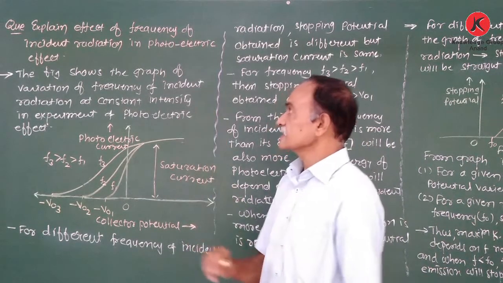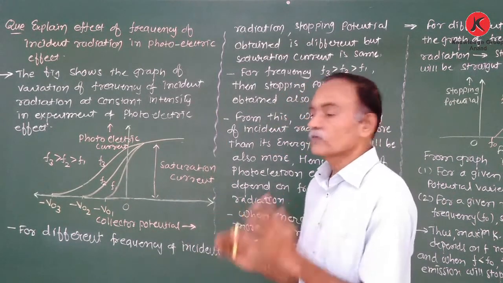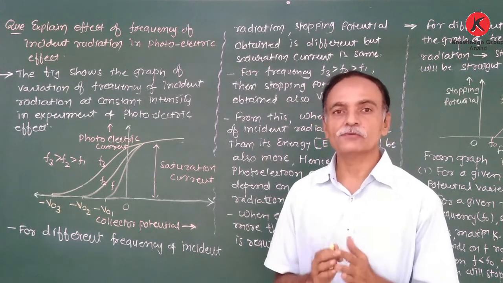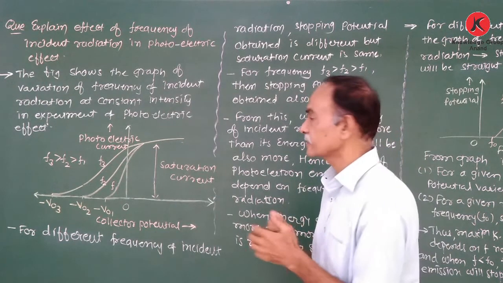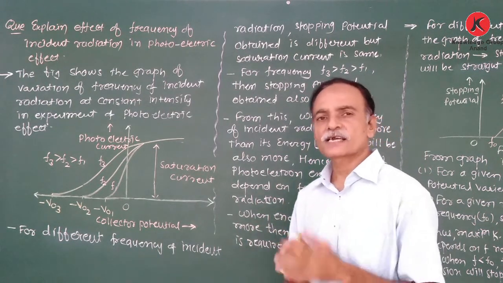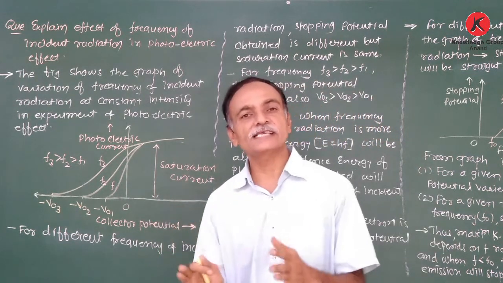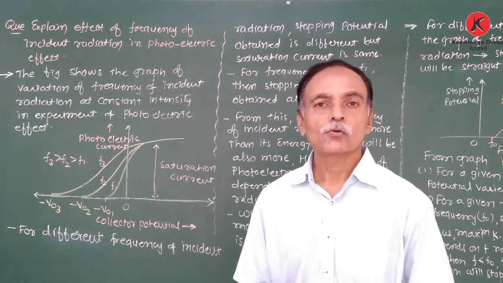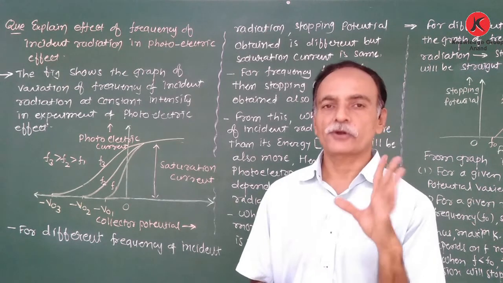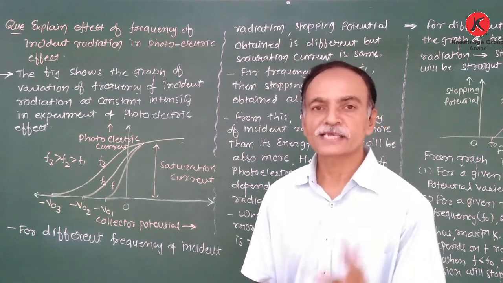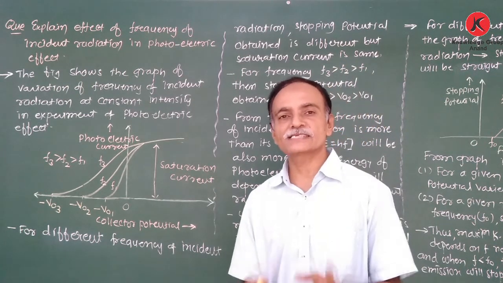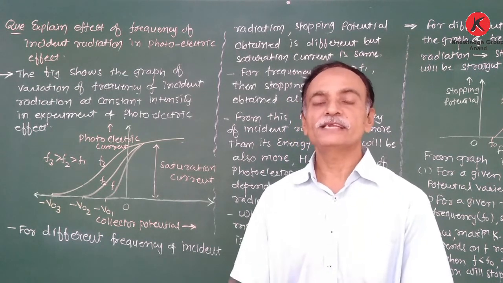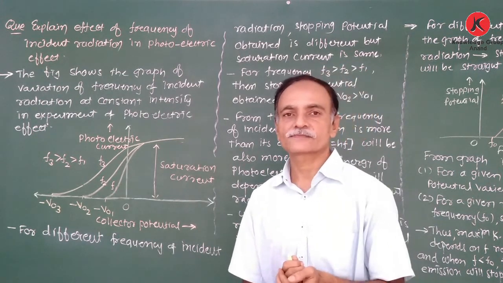Okay, we just discussed the effect of the intensity on the photoelectric effect or on photoelectric current. We discussed the conclusion of changing the intensity of incident light or the incident radiation: only the number of the photoelectrons increases, but the kinetic energy or the energy of the photoelectron does not depend on intensity of incident light.